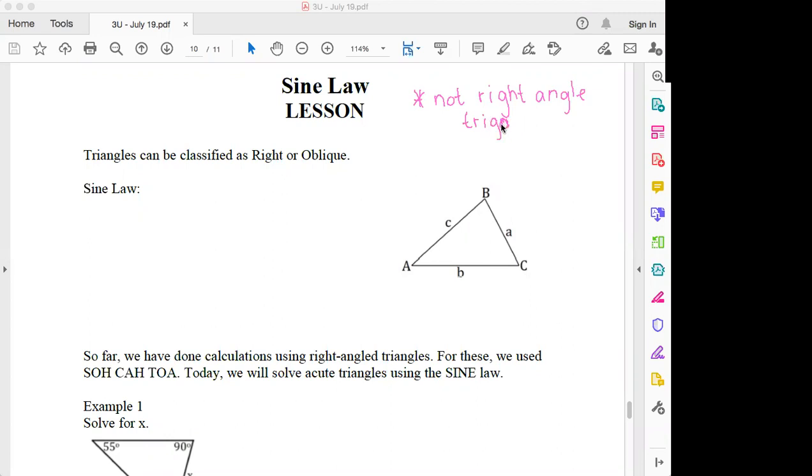Apparently I forgot how to write there for a second. Triangle. And this is when you have two side lengths and one angle.